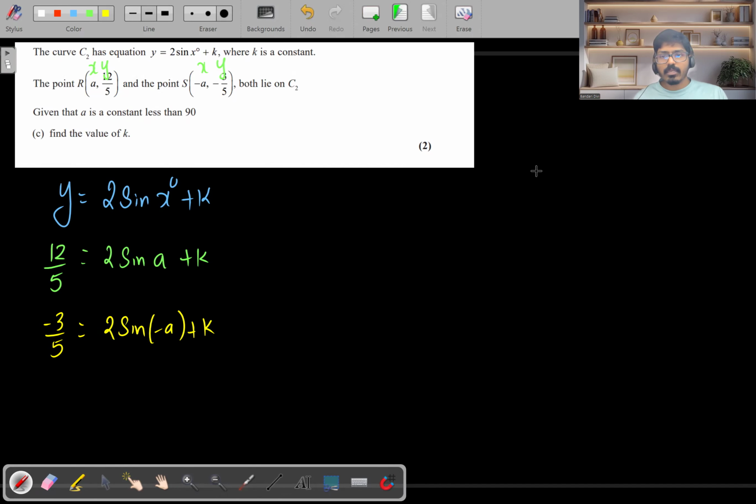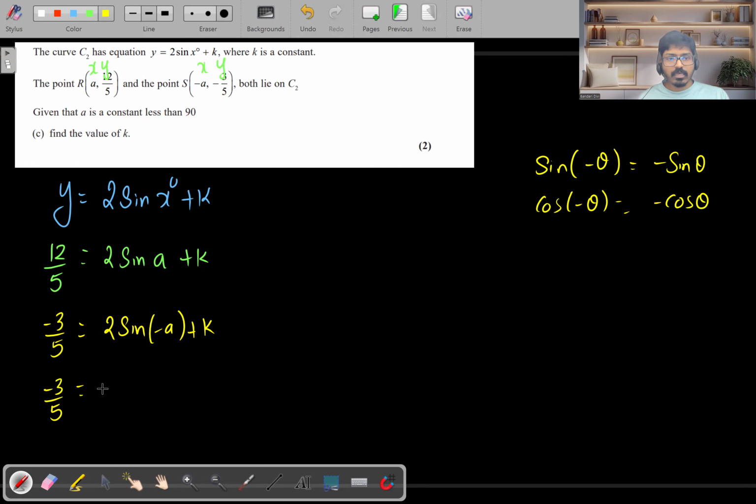So we know that there is an identity in trigonometry: sine of negative theta is negative sine theta, and cos of negative theta is cos theta. So based on this identity, we can write this particular equation as negative 2 sine a plus k. That is how we can write this, this is equation 2, this is equation 1.